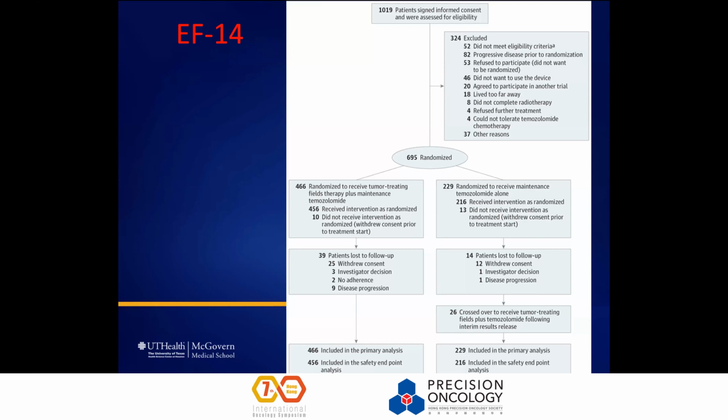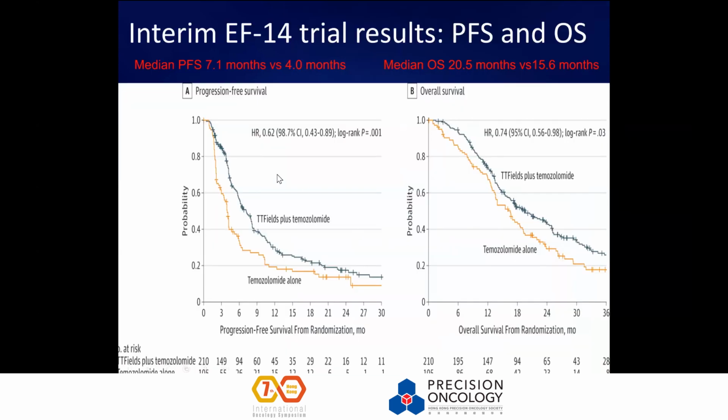In the pre-planned interim analysis, the results were tabulated and shown like this. The progression-free survival is 7.1 months for the treatment arm and 4.0 months for the control or standard of care arm, a significant difference between the two curves.